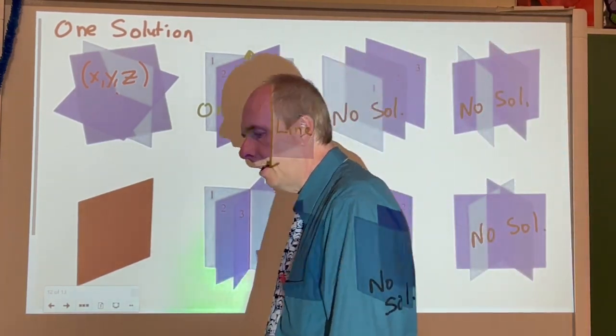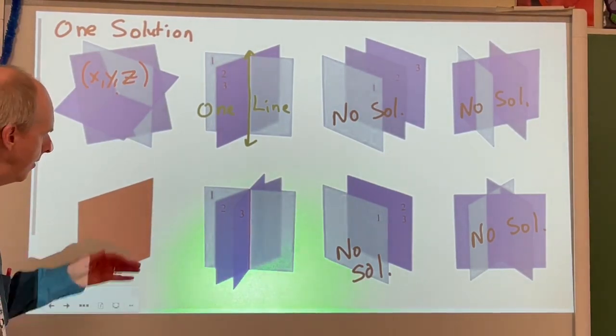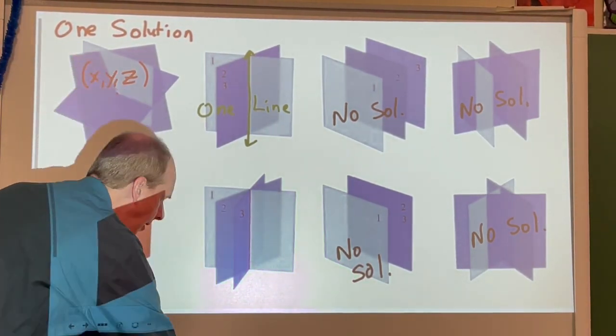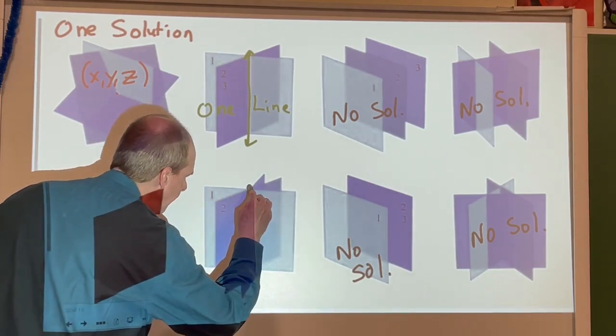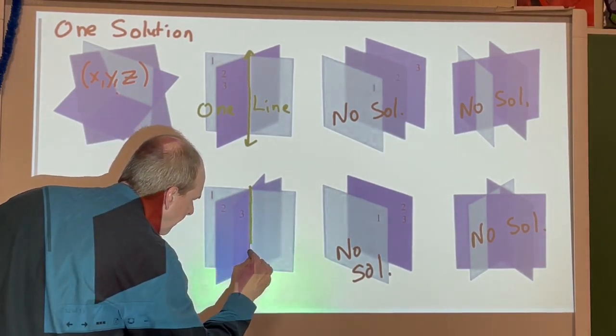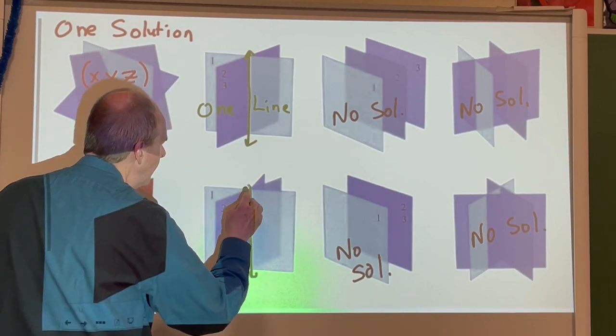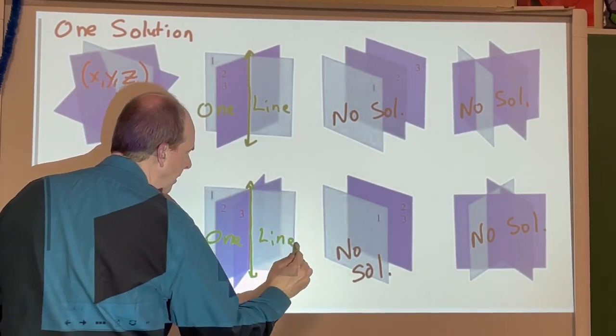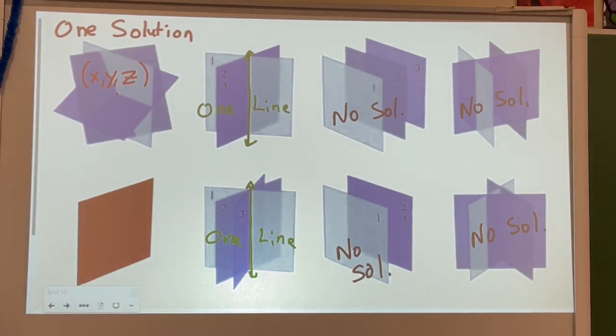How about here? What do you think? Well, 1 goes this way, 2 goes that way, 3 goes that way, and they all intersect right here. So your solution is one line again. You have an infinite number of points where they intersect.